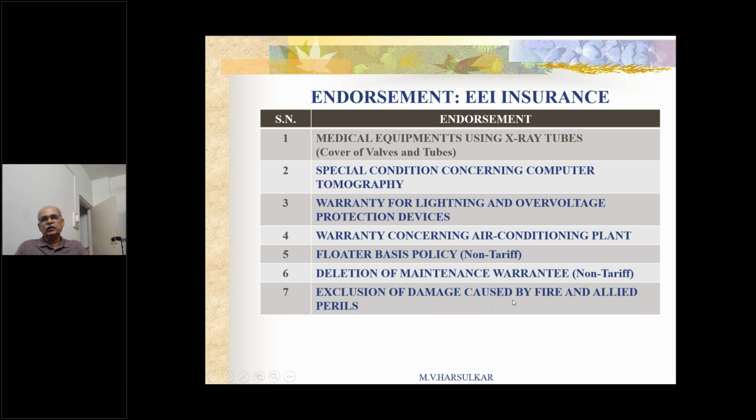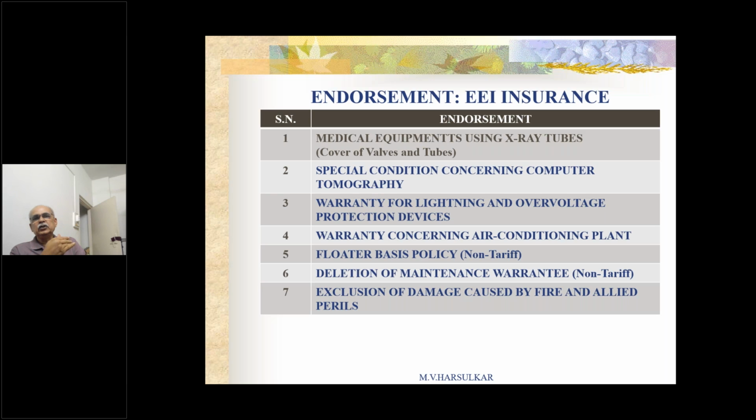And exclusion of damage caused by fire and allied perils. This is again standard wording given by TSC. However, if you go to the endorsement, the perils mentioned are as per fire policy A. This provision of deletion of fire and allied perils of the electronic policy came into effect when fire policy A, B, C were there, that is before the year 2000.